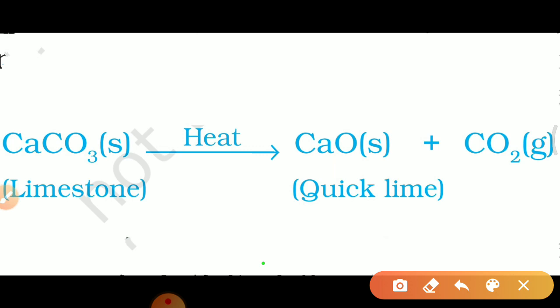Calcium oxide CaO is called lime or quicklime. It has many uses. One is in the manufacture of cement. So it is a major example of a thermal decomposition reaction.